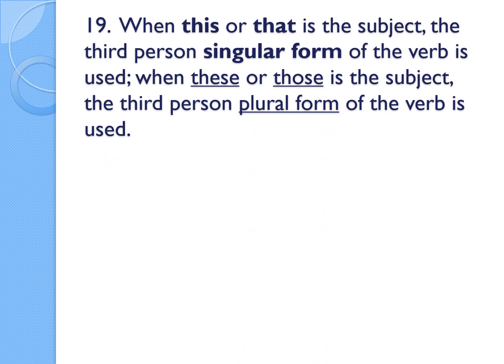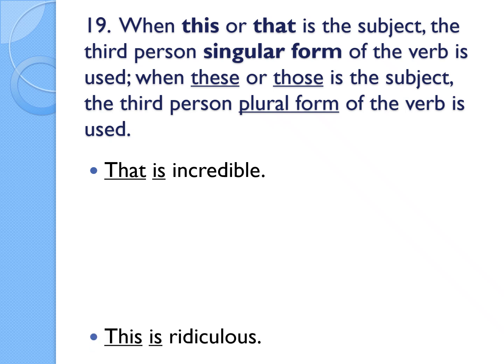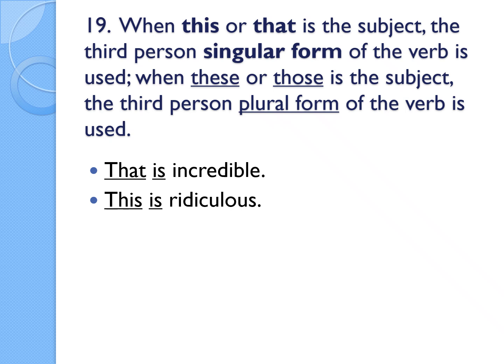When this or that is the subject, the third person singular form of the verb is used. When these or those is the subject, the third person plural form of the verb is used. Example: That is incredible. So that is the subject used, so we use the linking verb is. This is ridiculous.